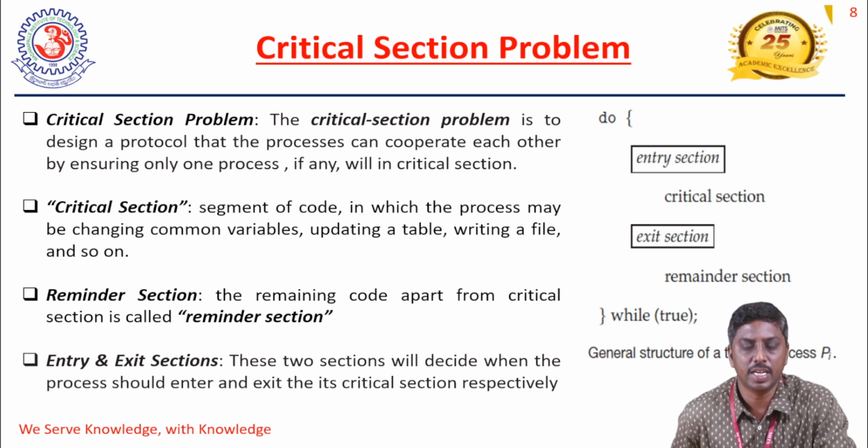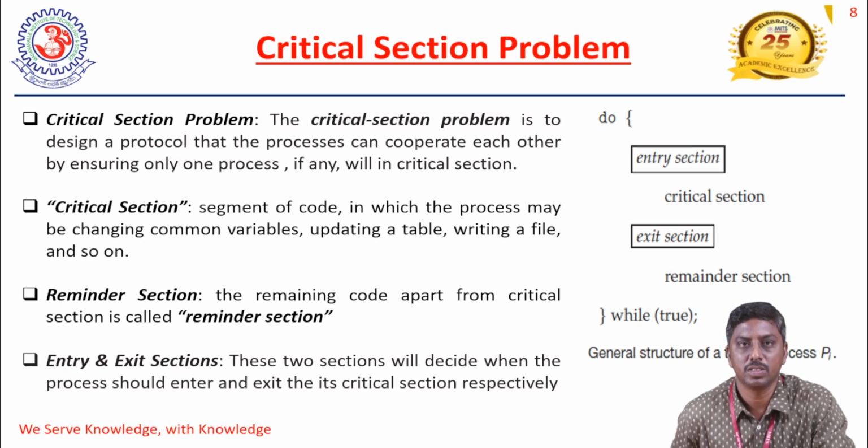So it is that segment of code where we are updating the common resources, particularly data resources like variables, tables, or files. That section is called the critical section of that process. The remainder section is the section which does not contain the critical section. Apart from the critical section, the remaining code is called the remainder section.